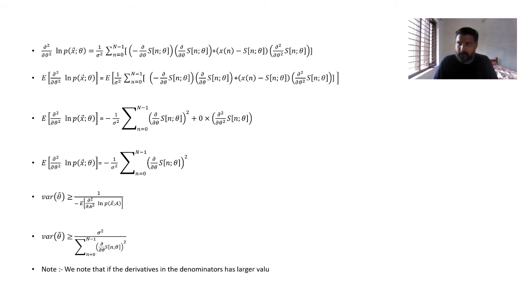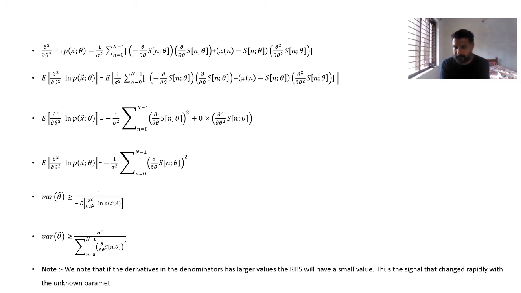Thus, the signal that changes rapidly with the unknown parameter theta results in accurate estimation. So this is a general thing.